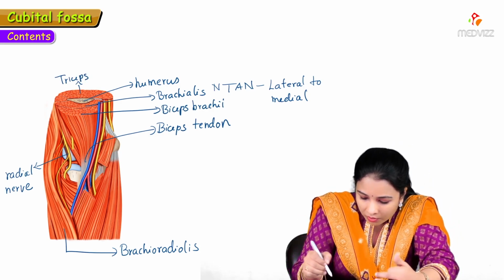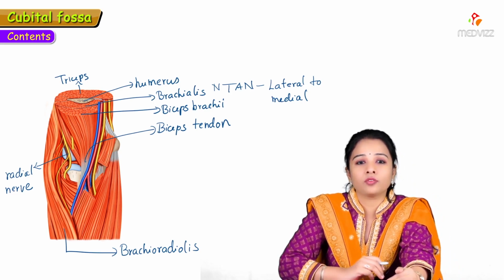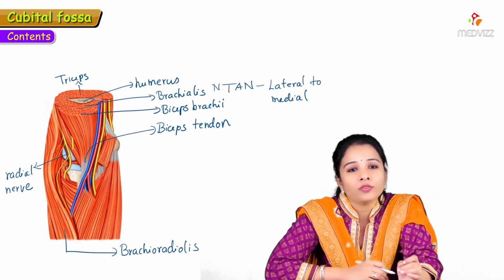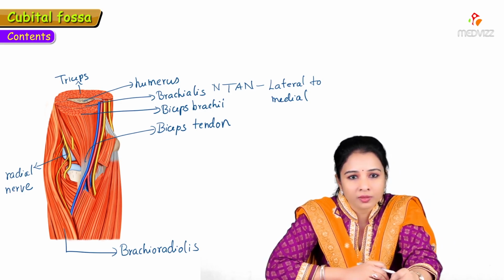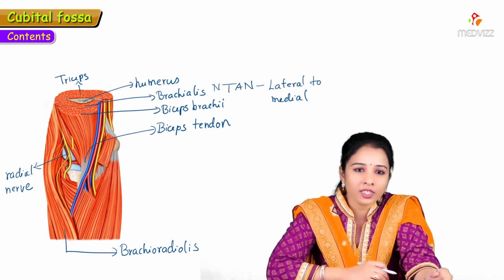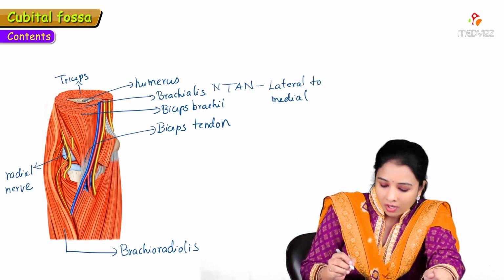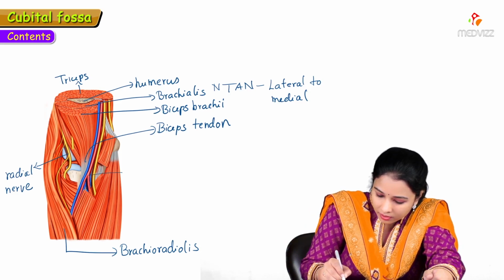So if you trace down the biceps brachii muscle, it forms a tendon which is called the tendon of biceps. So part of the insertion is in the form of bicipital aponeurosis, and part of it inserts in the form of a tendon. So next structure is the brachial artery along with its veins.